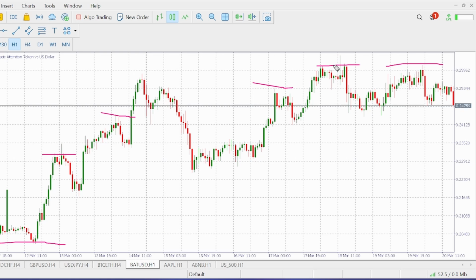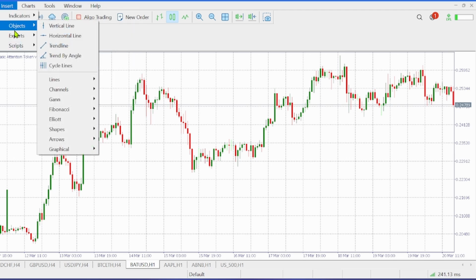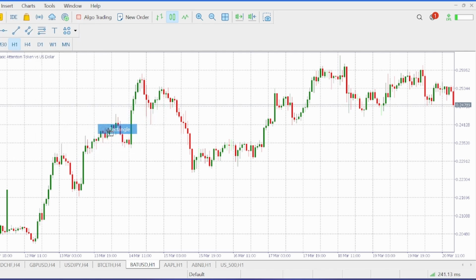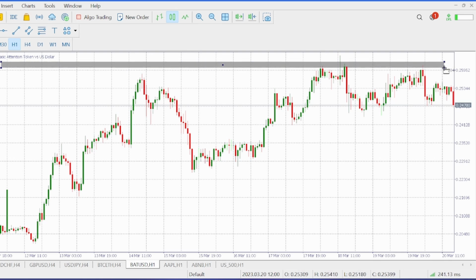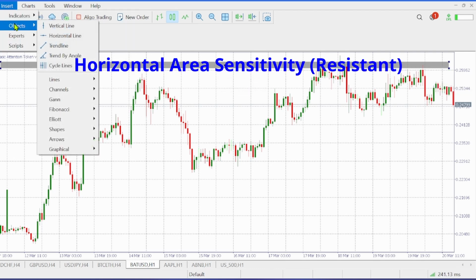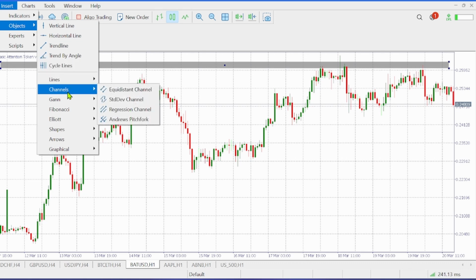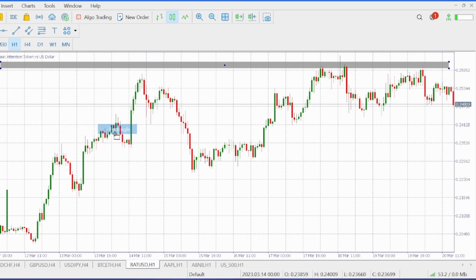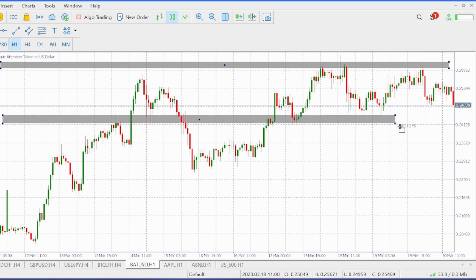Now let's draw the horizontal area of sensitivity. We have a resistance there, and we have support here.